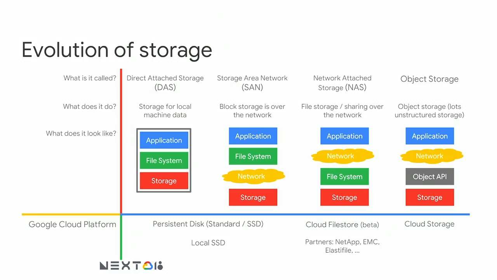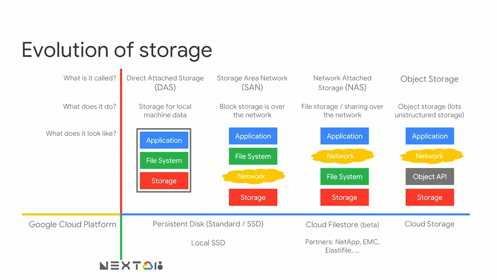The application, the file system, the storage, they're all on a single machine, a single device that your application runs on. Obviously, this has a lot of limitations, but it's where things started, and these still exist today. So direct attached storage, physically attached to the device.